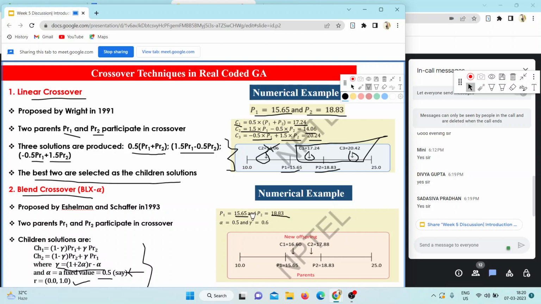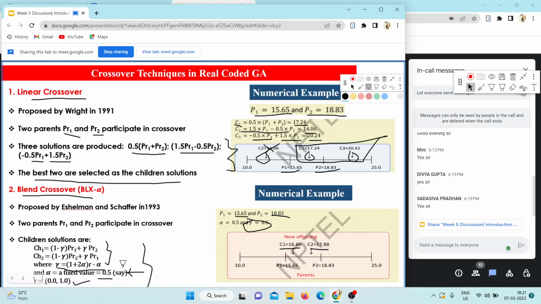Here gamma is already given, so no need to calculate it. If gamma is not given, then you put this formula and calculate gamma, but here it is already given, 0.6. When you calculate, you will get the two children solution: 16.60 and 17.88. So I think this is also clear.